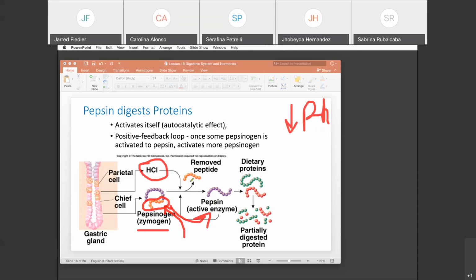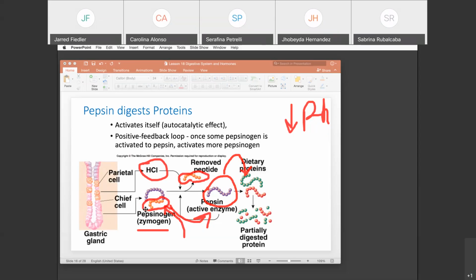So this means that this orange peptide over here has an inhibitory function on pepsin. It likely has to do with steric hindrance. The way that pepsin works to break down its target proteins is that it binds to them. There are certain binding sites on the protein. For example, over here we have pepsin, the activated version of this enzyme. It's going to target a specific binding site on the dietary proteins, and that allows them to be digested.